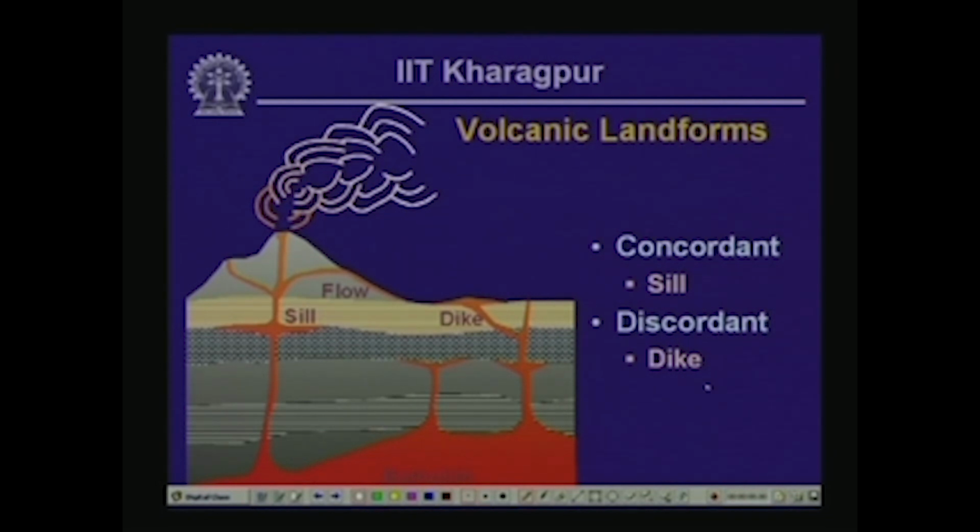Now, another type of volcanic landform which is not shown here is called a laccolith. Sometimes what happens is that when magma forms a body like a sill, if the magma is under pressure, then it may lead to the bulging of the overlying rock.